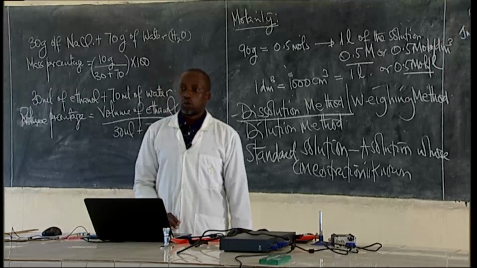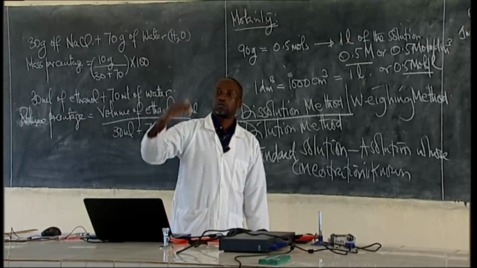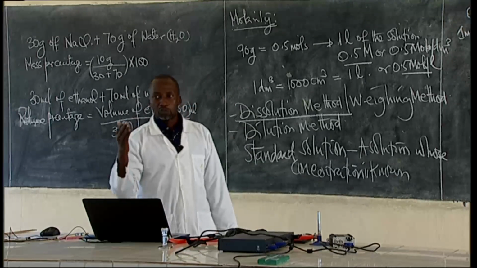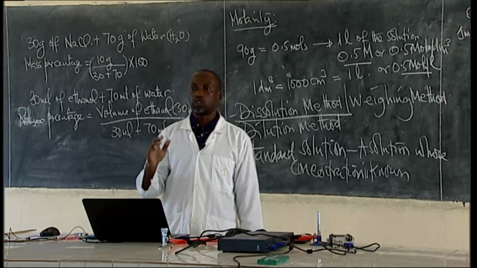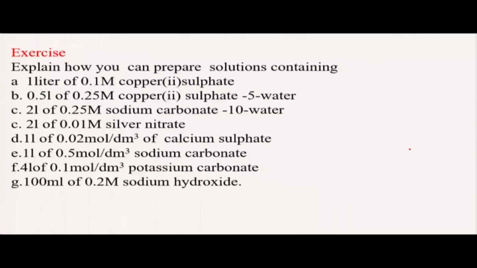Moving to the next part, we are supposed to explain how we can prepare solutions containing, that is part A. This is part of the homework that you are supposed to do, but I'm just going to guide you. For example, 0.1 molar copper 2 sulfate. When you have copper 2 sulfate, you need to get the mass contained in 1 mole of this.